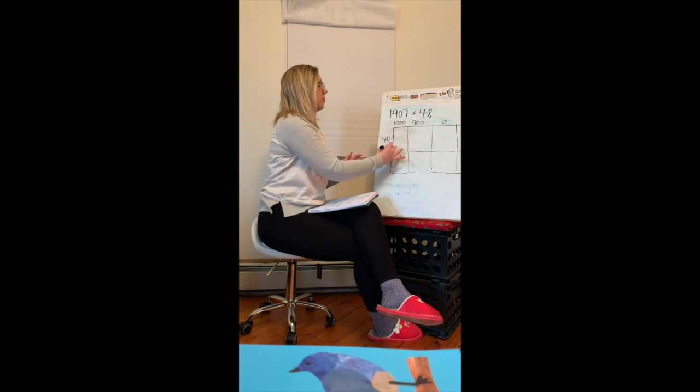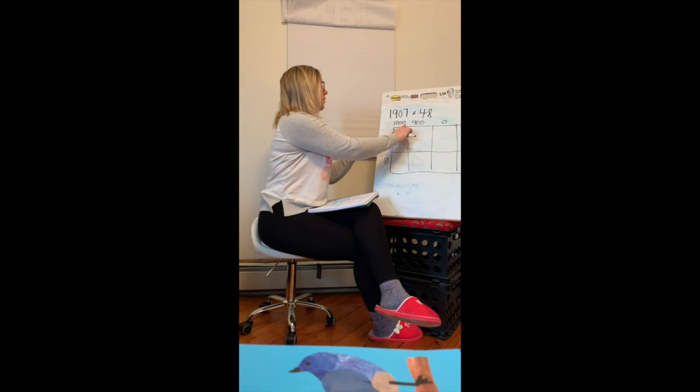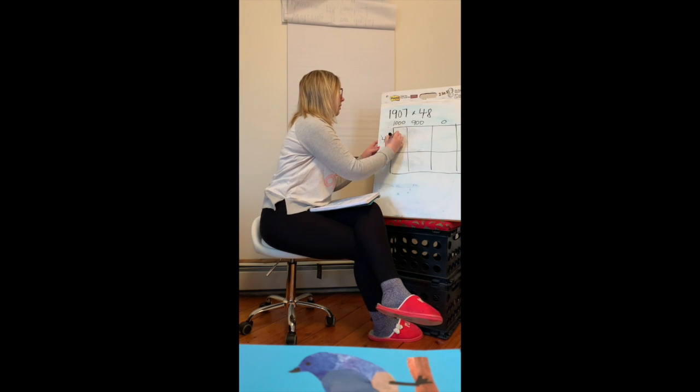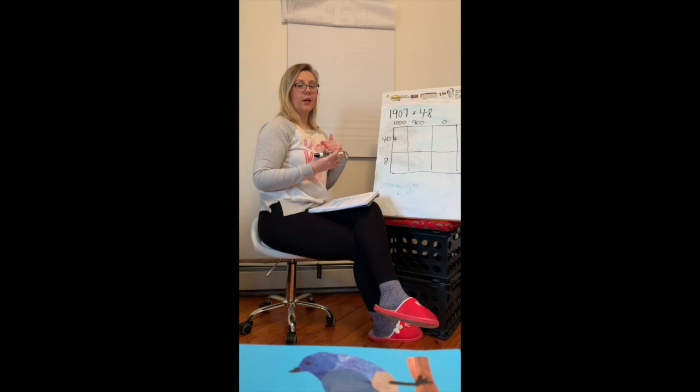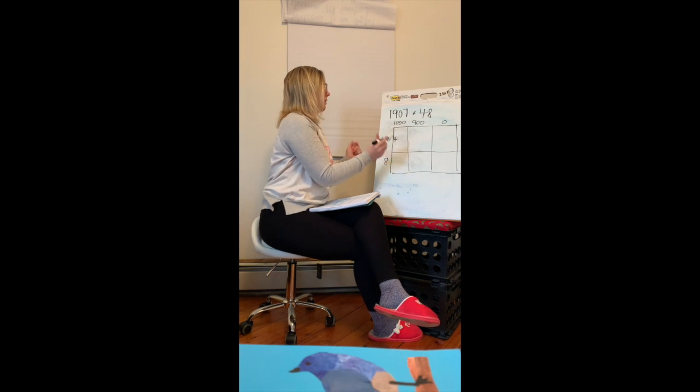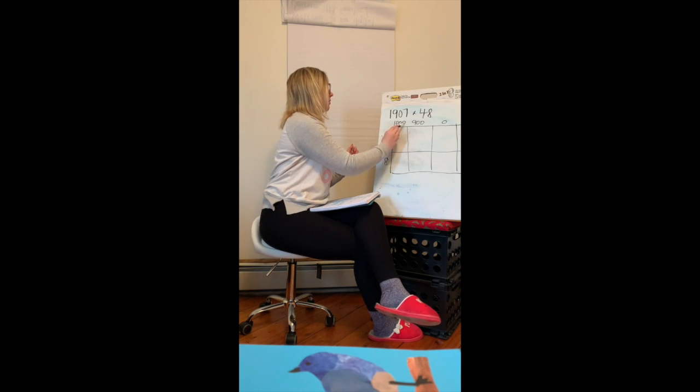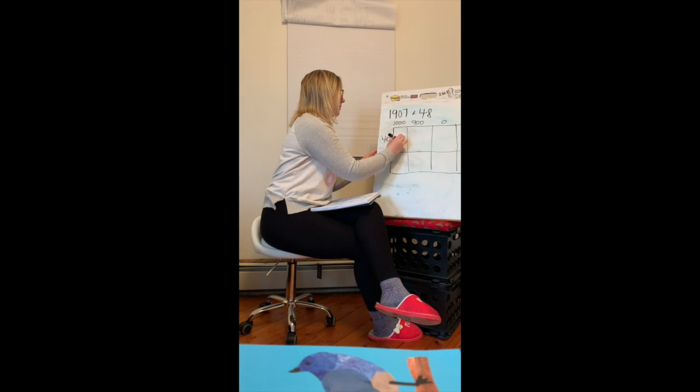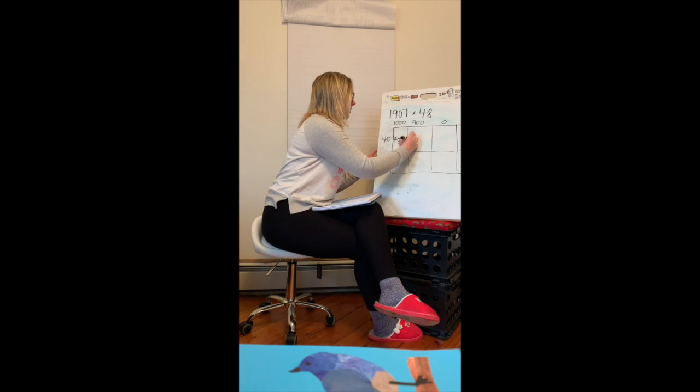And then you just multiply each box. So 1,000 times 40, if you don't know that in your head, do 4 times 1 is 4, and then count your zeros. 1, 2, 3, 4, which gives us 40,000. 900 times 4, again, same thing. 9 times 4, 36.